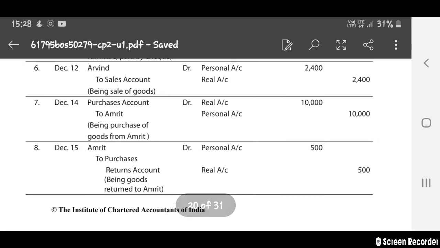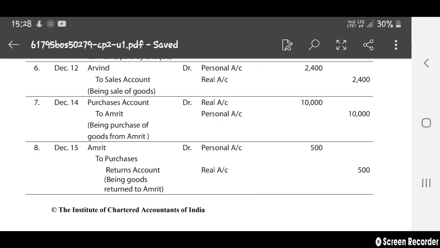Next is December 12th, that is our sixth journal. So Arvind, whose account is a personal account because he is a person, is giving money to the sales account, and sales account is real, being sale of goods. So he is being sale of goods, he is taking the money.